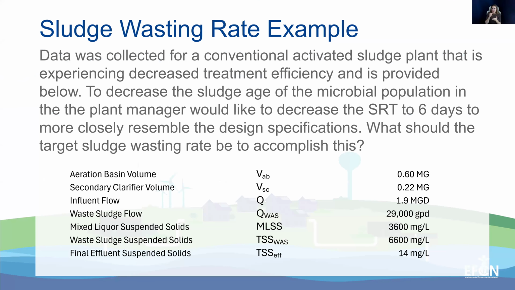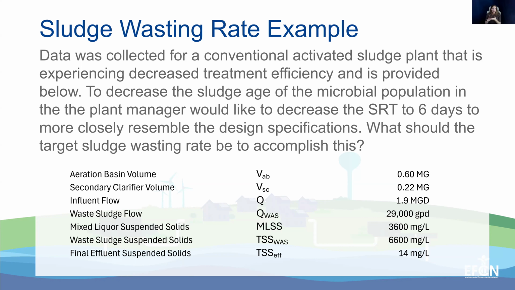Now, for this type of example, it may look something like this. You're given all the same parameters, what's in your aeration basin, what's in the secondary clarifier, the same parameters that we had previously, except this one doesn't give the TSS of what's actually in the secondary clarifier.